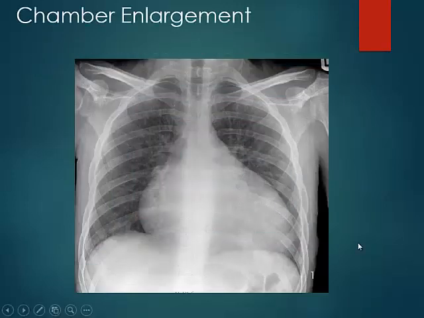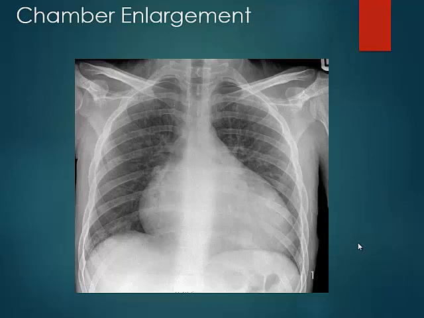Okay, so let us look at some specific cardiac chamber enlargement. The patient has cardiomegaly, no doubt. The heart is enlarged in size. If it's obviously enlarged, you don't have to measure the cardiothoracic ratio. So which chamber is enlarged here, you think? Both atria. Which atrium? Both. How do you say that?